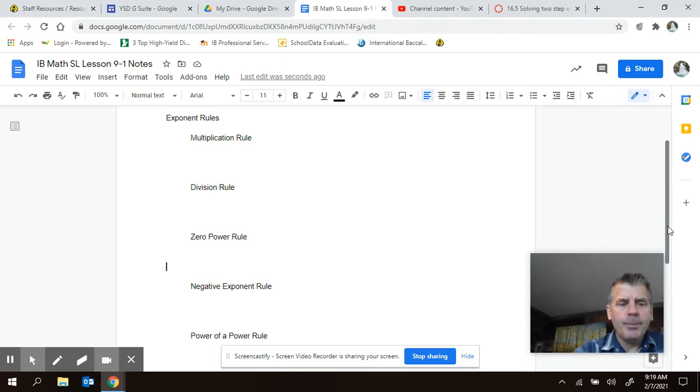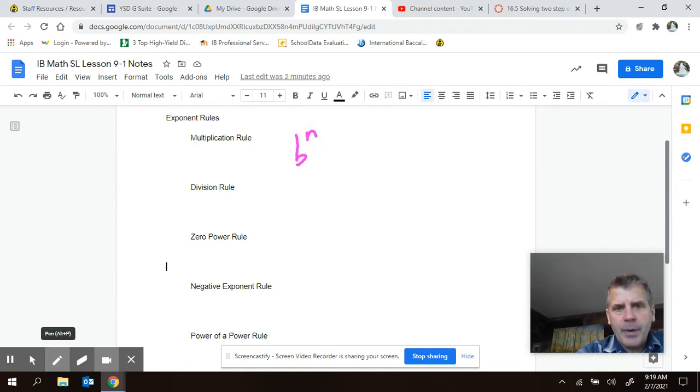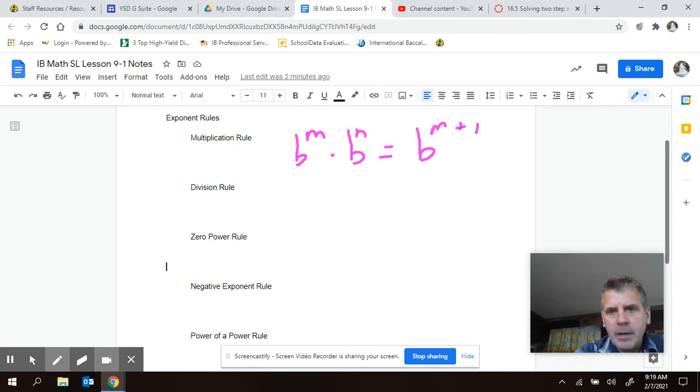The multiplication rule is basically just telling us that if we have a common base b raised to an exponent m, and it's being multiplied by that same common base b, different exponent, we just add those exponents. Again, nothing new. Very simple, straightforward.